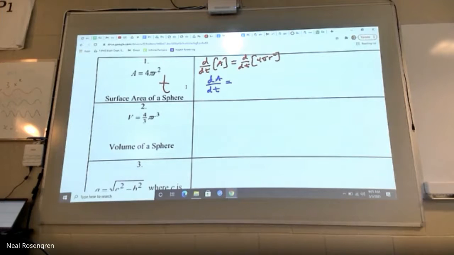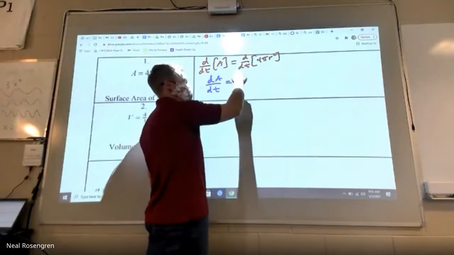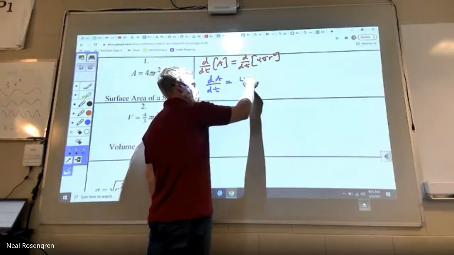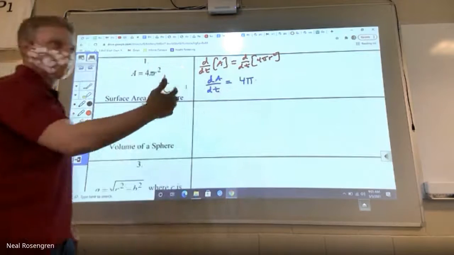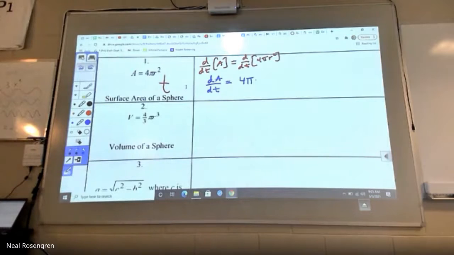So the derivative with respect to time of 4 pi r squared. Well, 4 is a constant, pi is a constant, so nothing about that is going to change. We can just hold on to those as we go, right? The derivative of a constant times something is just the constant times whatever the derivative is of the thing that can change. The only variable here on the right side is r squared.